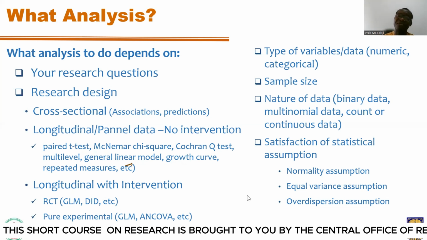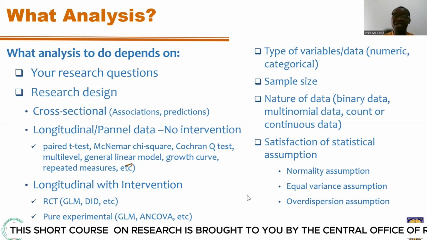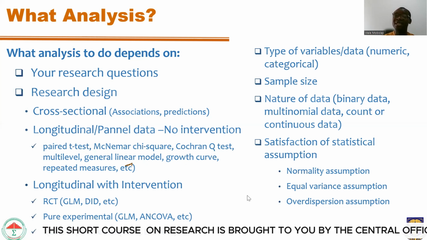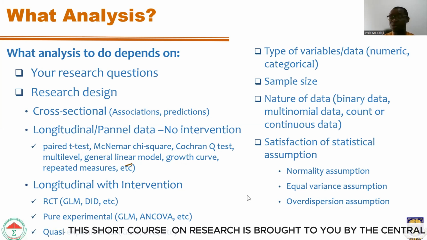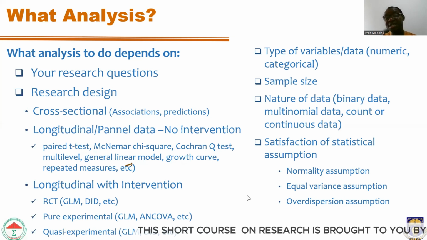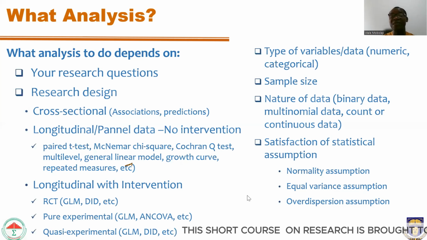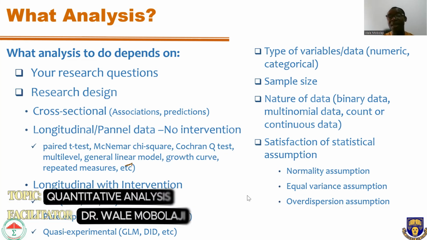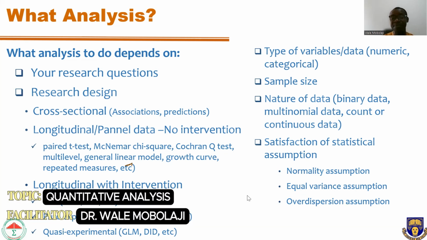Another factor that determines the type of analysis you carry out is whether your data satisfy statistical assumptions. Is it normally distributed? There are statistical tests you use if normality assumptions are satisfied. Otherwise, you can't use them. You have to use another set of statistics. But with some of them, when you use non-parametric statistics, your power of precision is reduced in a way.